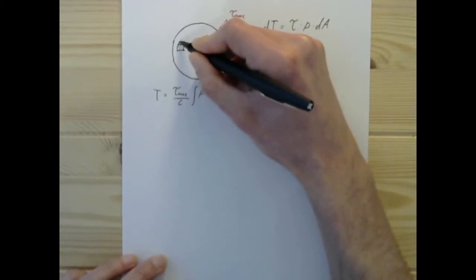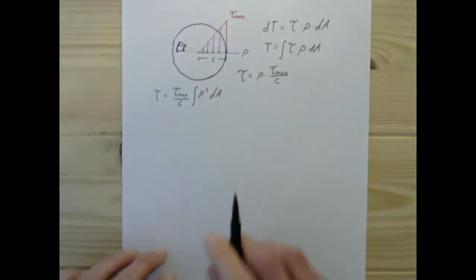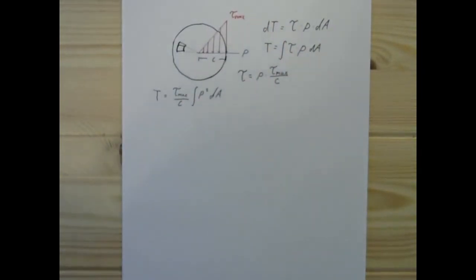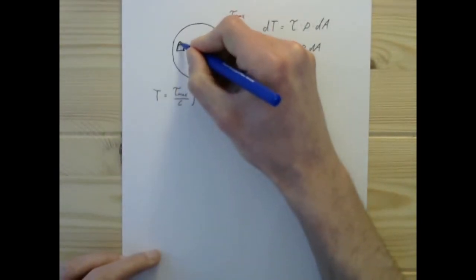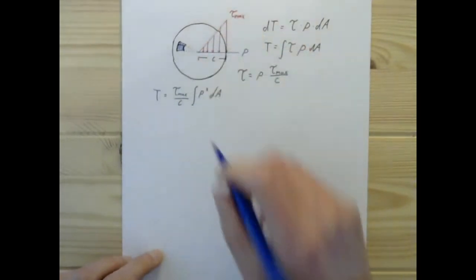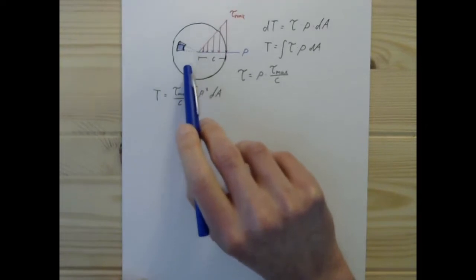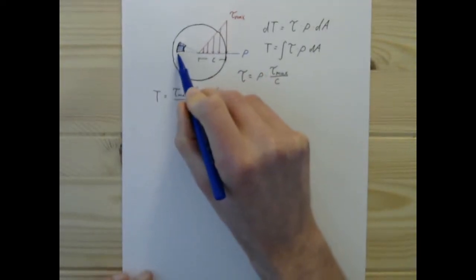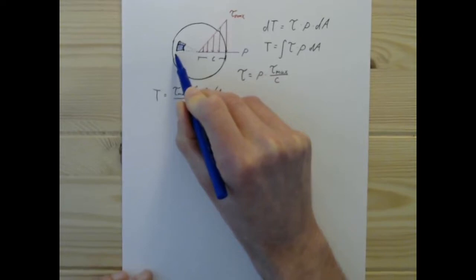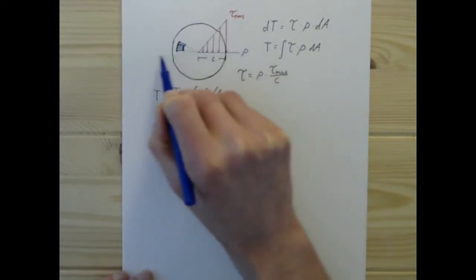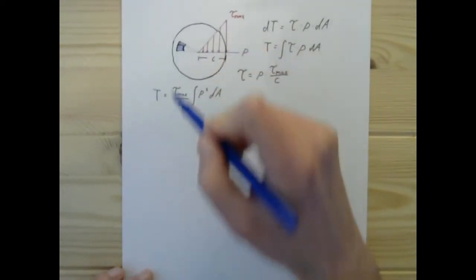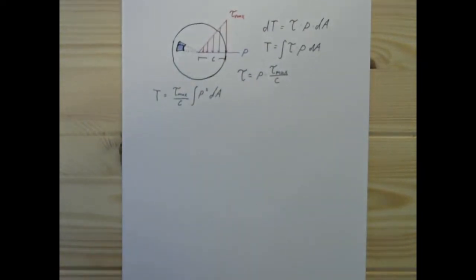The drawing wasn't great. It should look more like this. If this is our element, then its area is going to be our differential distance in the rho direction, times 2 times pi times rho.